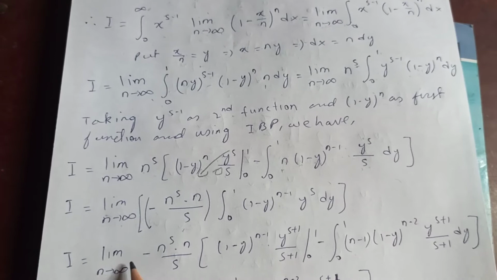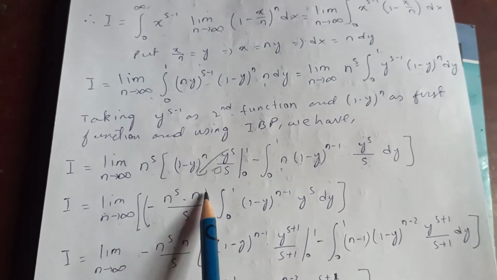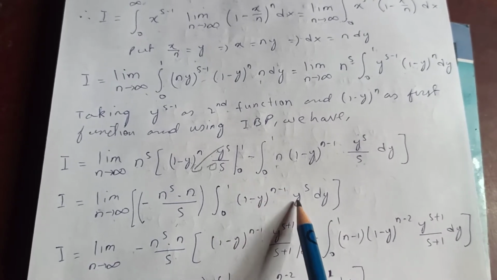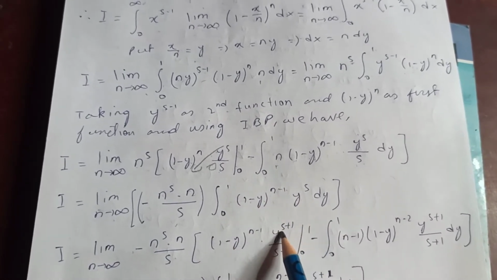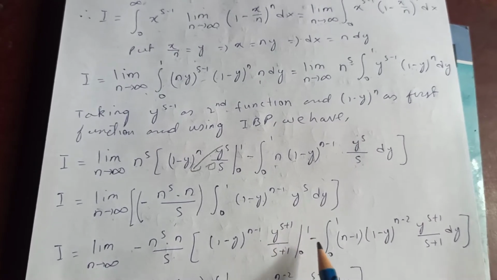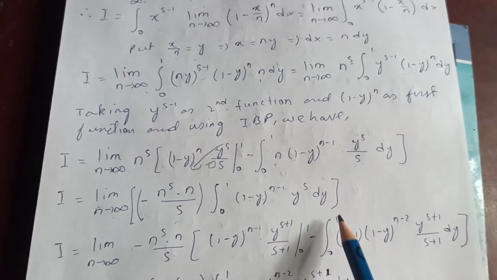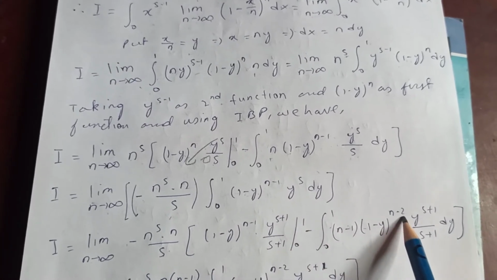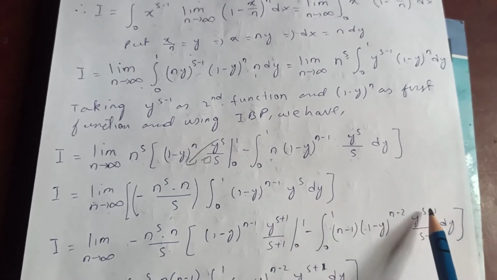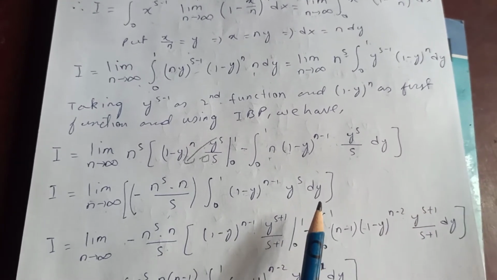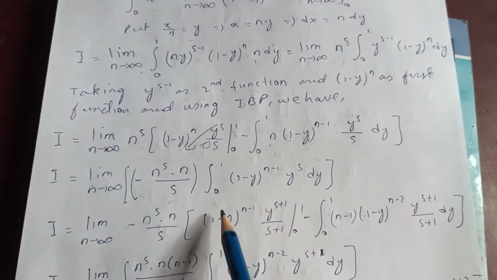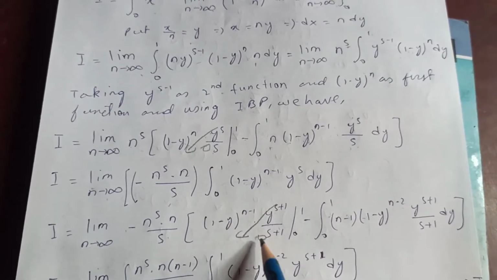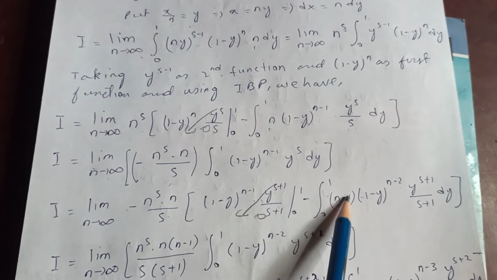So limit n tends to infinity negative n to the s into n upon s, times: 1 minus y to the n minus 1, the integration of y to the s is y to the s plus 1 by s plus 1, from 0 to 1, minus the integral from 0 to 1 of the differentiation of this, which will be n minus 1 times 1 minus y to the n minus 2, and the integration of this, y to the s plus 1 upon s plus 1. Now if you put 1 here, this will be 0, and if you put 0, this will be 0 again. It cancels out again, so we are left with only this one.